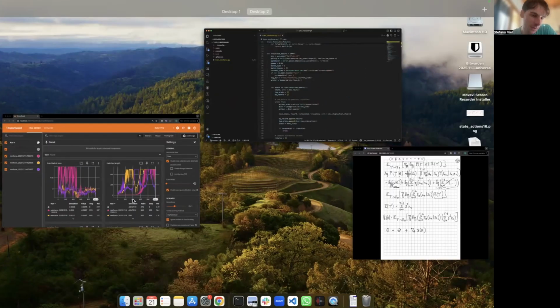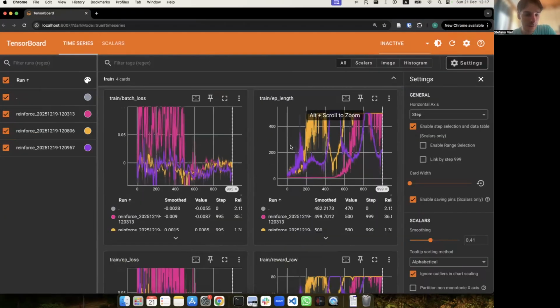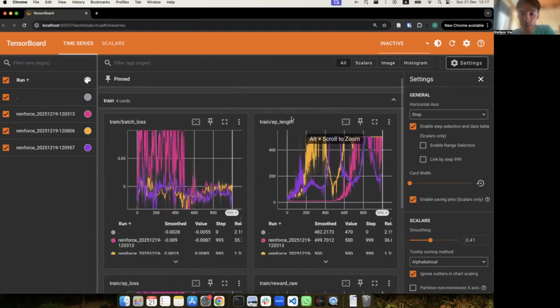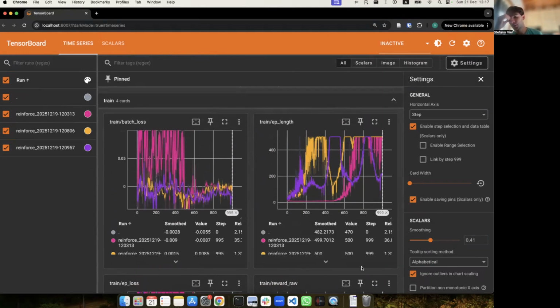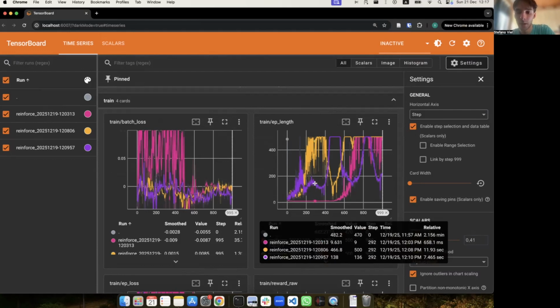And this works decently. I mean, it's not perfect. You can see here the episode length. And you can see here the high variance of our REINFORCE algorithm, because different training runs lead to very different results.